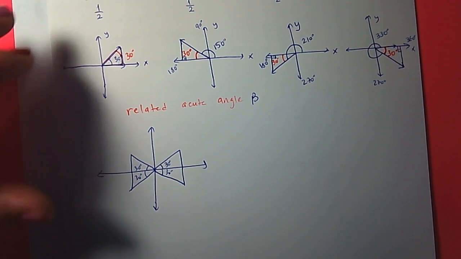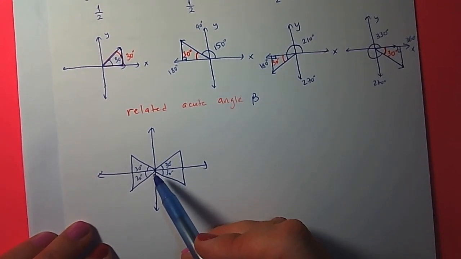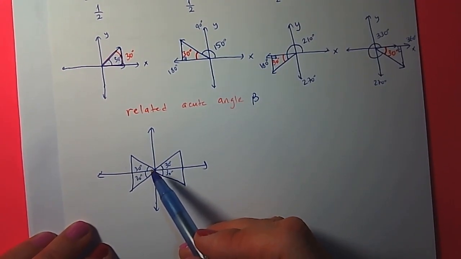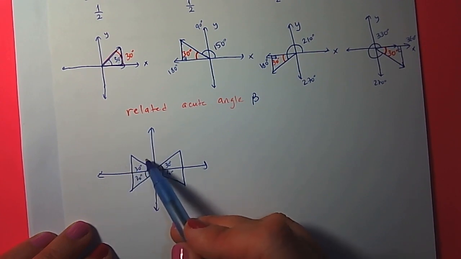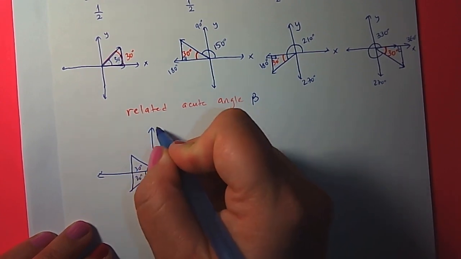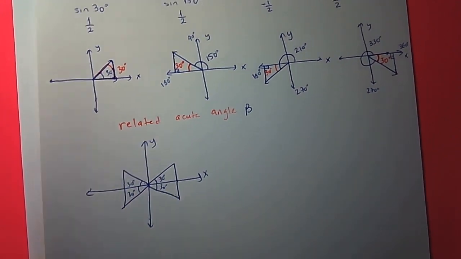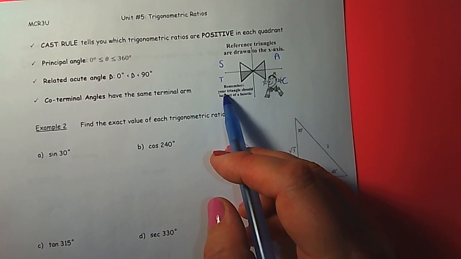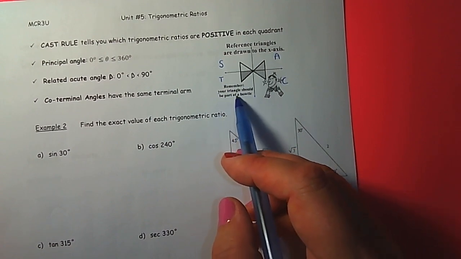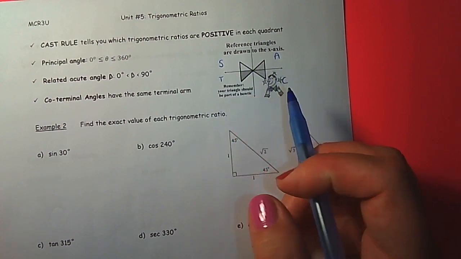Okay, so this is called a bow tie. So when you're making your reference triangle, you always use the terminal arm and the x-axis and never use the y-axis. Okay, so therefore you need to remember that your triangle should be part of this bow tie.